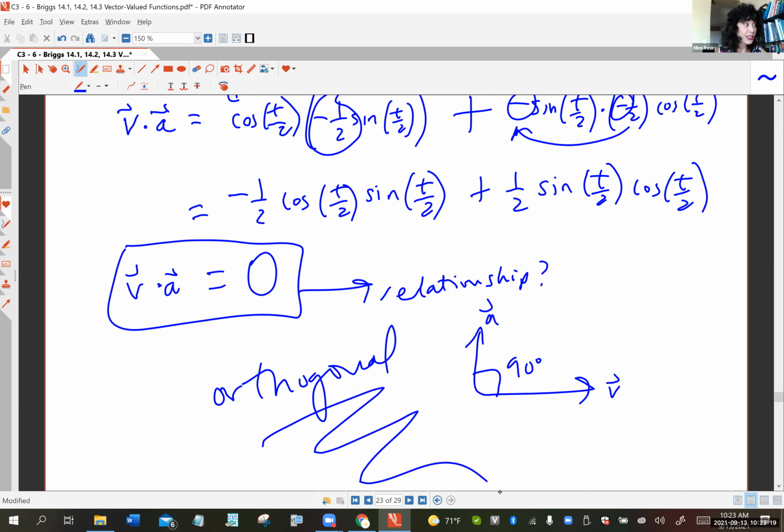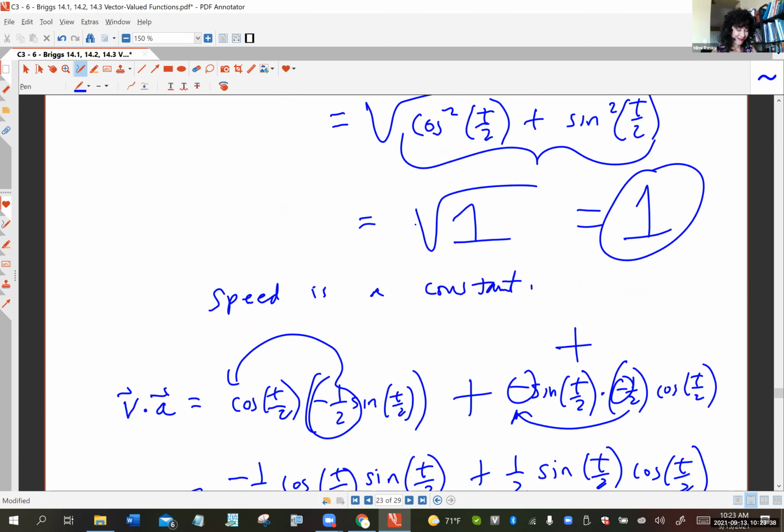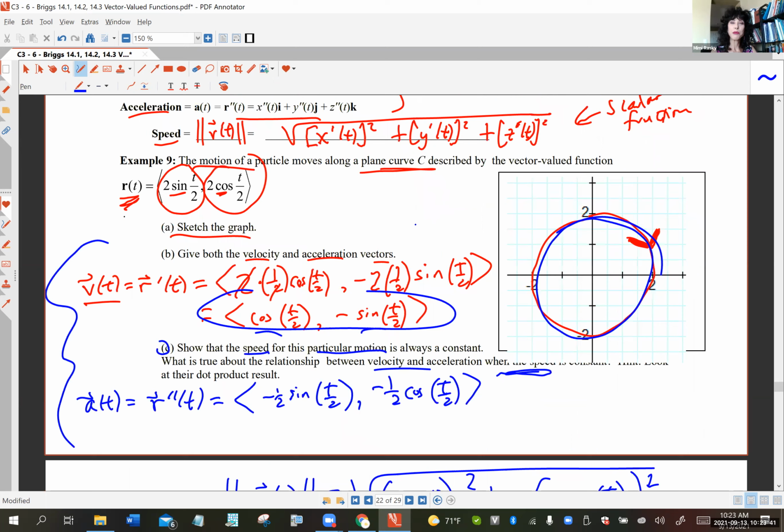No, but it is for this particular kind of motion. Sometimes you get lucky and velocity and acceleration are orthogonal to each other, maybe even briefly, while the object is moving. And we're done with this example, circular motion.